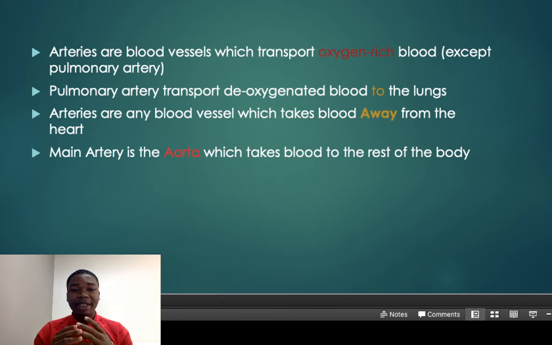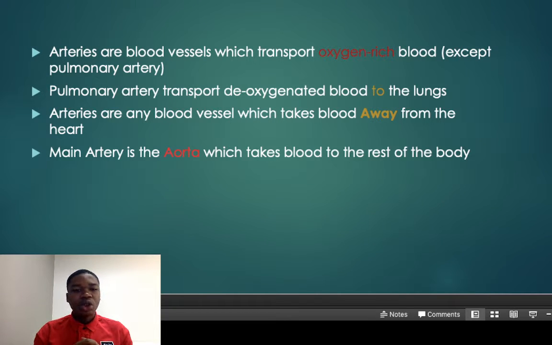Arteries are blood vessels which transport oxygen-rich, this is a key word, oxygen-rich blood, except the pulmonary artery, right? We'll explain this at a later stage. The pulmonary artery transports deoxygenated blood to the lungs.